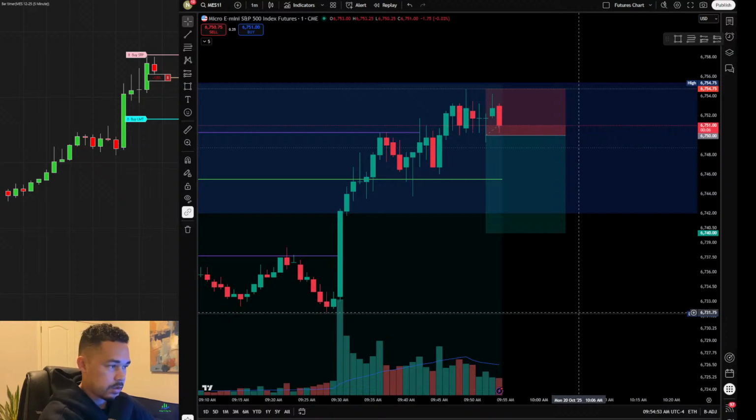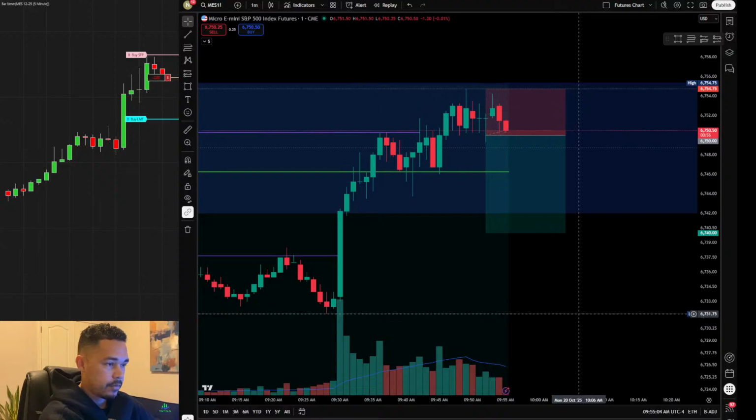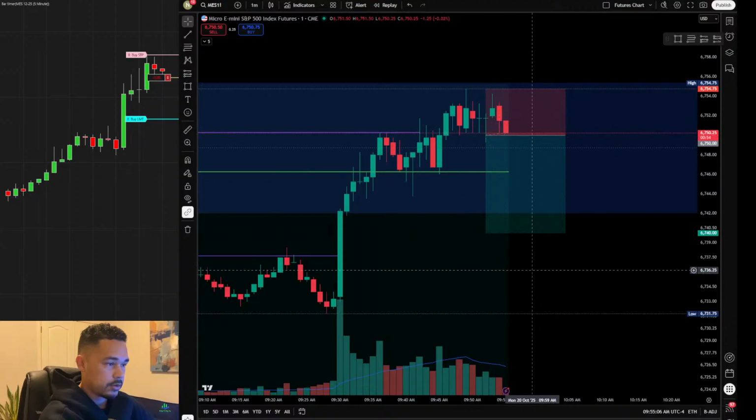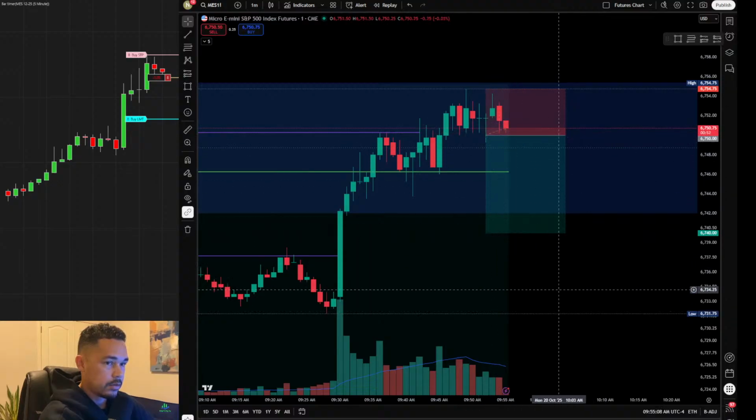We're about 6750 area. It's about 9:55. So let's see if we can get maybe a possible strong push down. If not, then it is what it is.